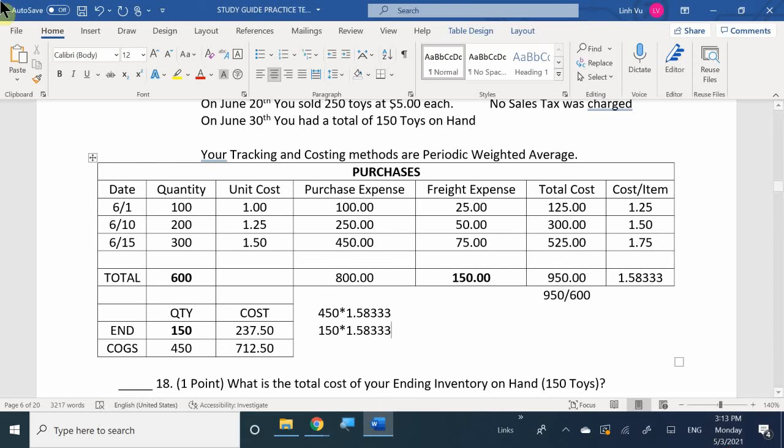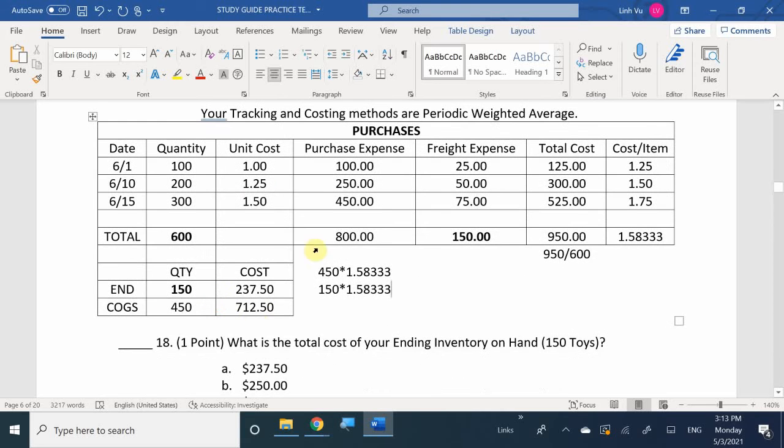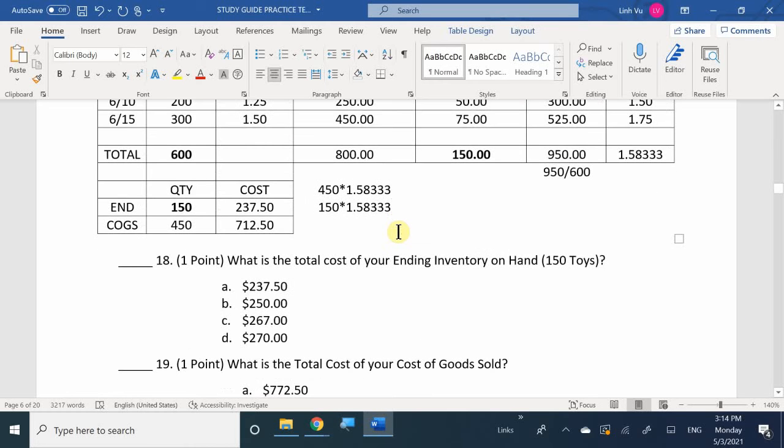Okay. So now that we have solved for that, we know for a fact that the difference between this and the other two methods is it doesn't matter what batch came first. All we care about is what our total cost is and the total quantity, and we find our average cost per item. So therefore, what is the total cost of your ending balance?